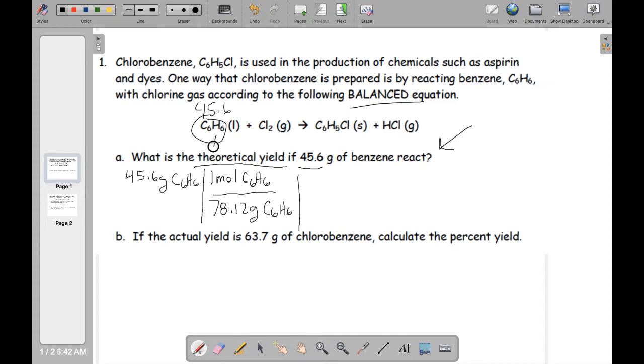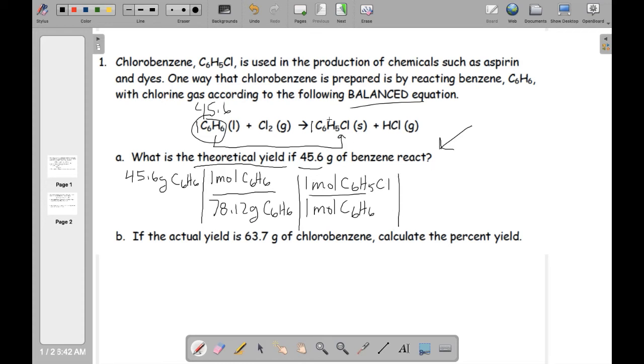So here's benzene, here's chlorobenzene. Keep in mind this is balanced, so this is 1 mole, this is 1 mole. So it's a 1-to-1 ratio. 1 mole of benzene, C6H6, produces 1 mole of chlorobenzene, C6H5Cl.